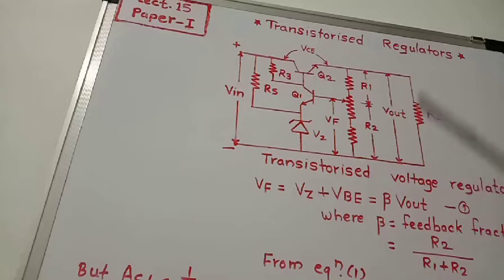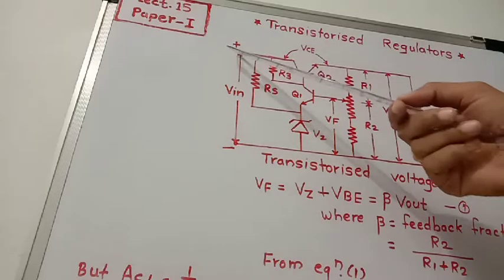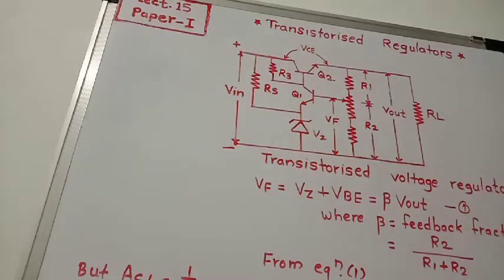An unregulated DC output voltage from a rectifier circuit, that is a full wave bridge rectifier circuit or center tap full wave rectifier circuit, with a filter, and the output of the filter circuit is then applied to the input of this voltage regulator.